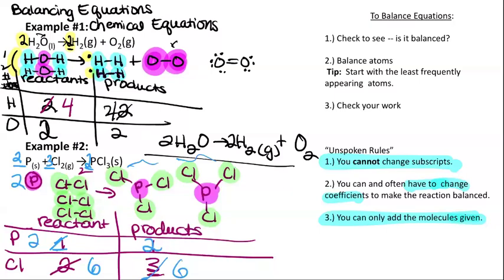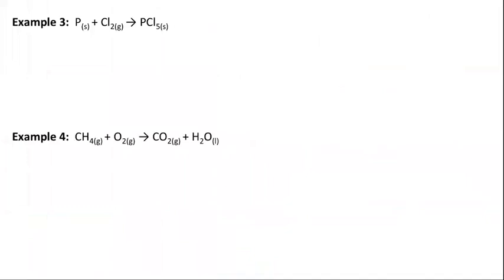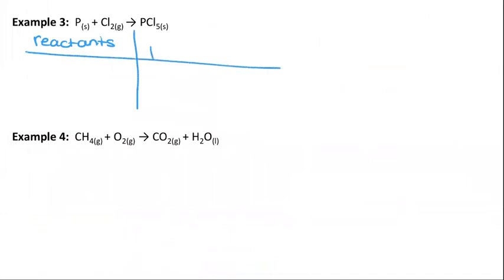Go nuts. Okay. So now I have PCl2 and PCl5. So reactants, products, right?